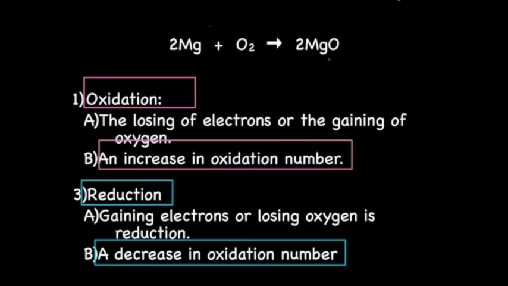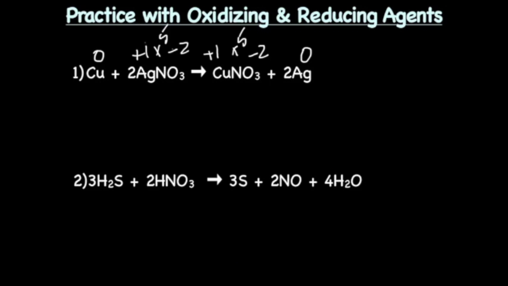So if we remember that, we'll know who has been oxidized and who has been reduced. So let's look. Copper went from 0 to +1. Well, I would say that copper was oxidized because its oxidation number was increased.